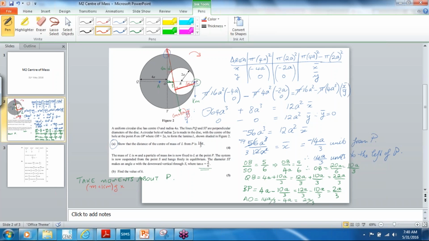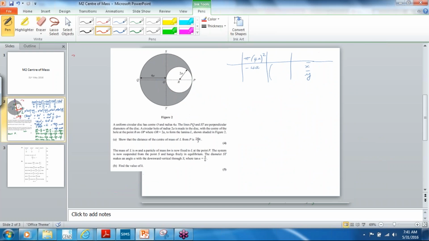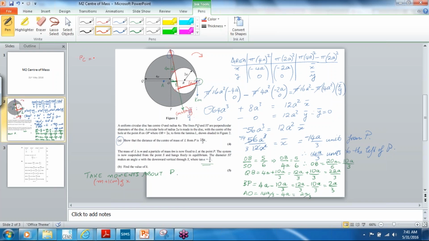Now if that's alpha, then we want that distance, let's call that C. PC as the adjacent side, over the hypotenuse, which is PB, equals cos of alpha. Do we know cos of alpha?